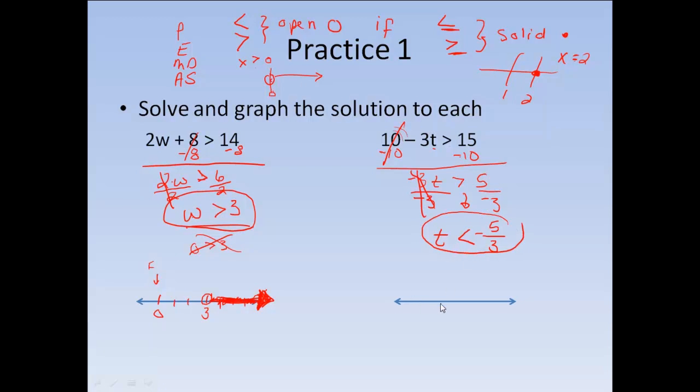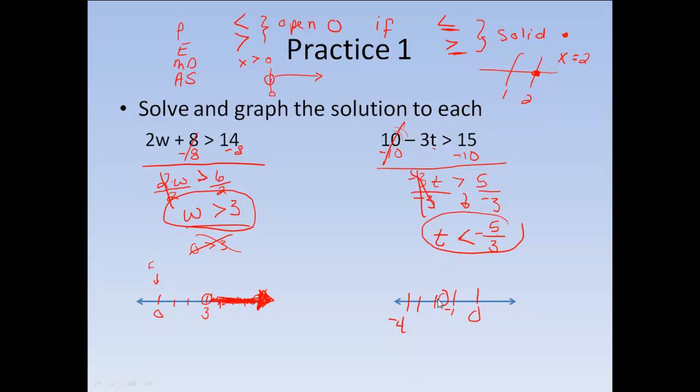When I go to graph this one, I'm going to use an open circle again, and it's going to be at negative 5/3. And then I want values that are less than negative 5/3.